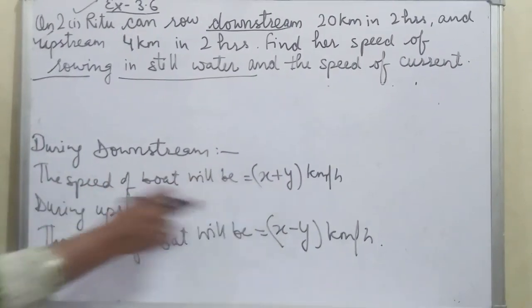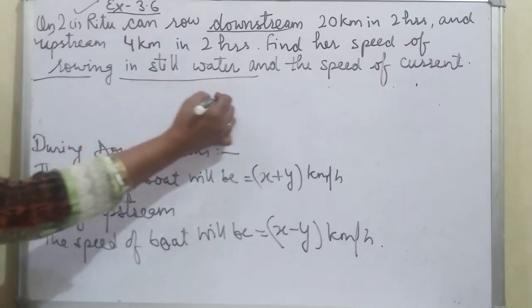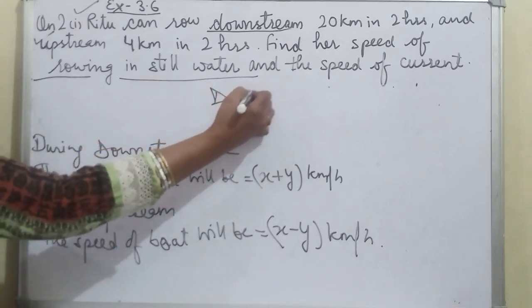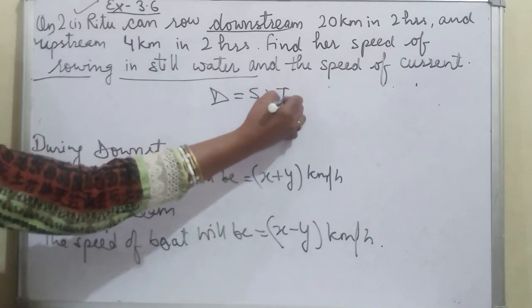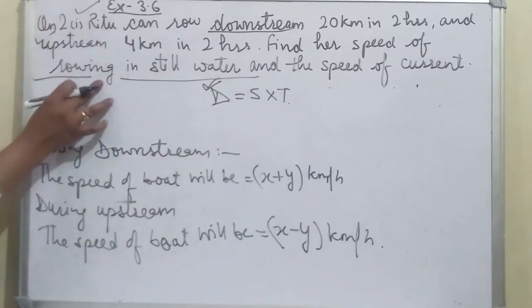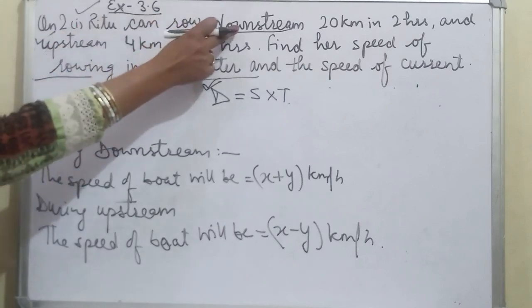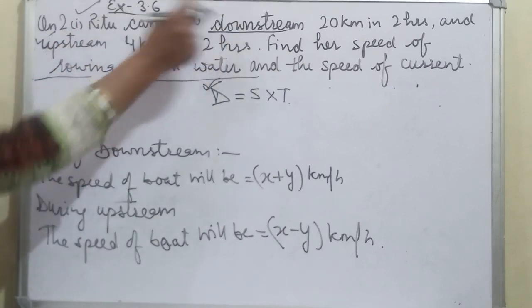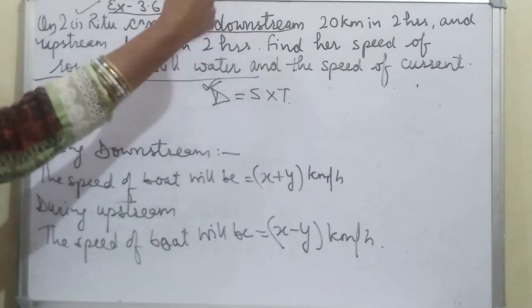Okay, these are the speeds now, and we have a formula again: distance is speed into time. We have to apply this formula for the given conditions. The first condition is when Ritu rowed downstream 20 kilometers.